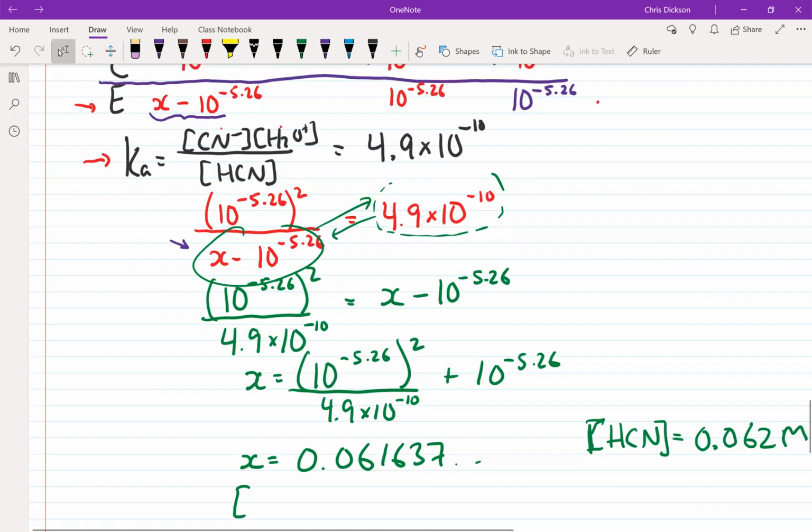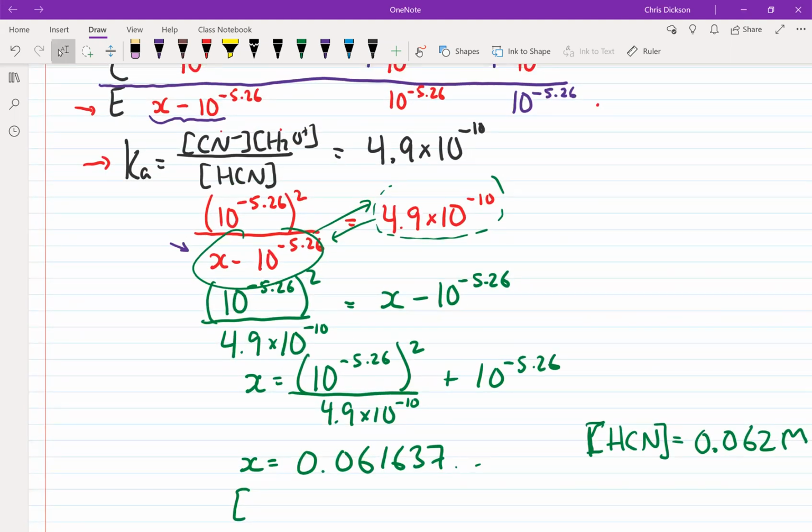Okay, so let's see if we get our right Ka value. I'm going to go 10 raised to the negative 5.26, and then I have to square that number, and now I'm going to divide it by my x value, which is 0.061637 minus 10 raised to the negative 5.26, close bracket.